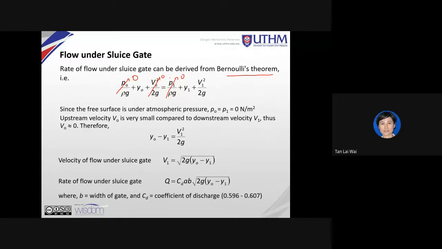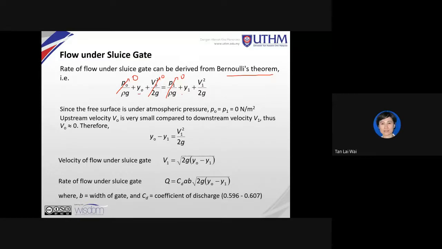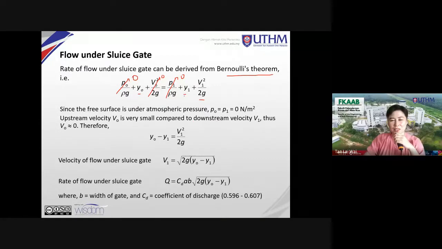If you still remember, for a tank, the velocity in the tank is almost zero. So we only have y0, y1, and v1 squared over 2g left. Rearranging, I'm bringing y1 to the left, so I can write y0 minus y1 equals v squared over 2g.